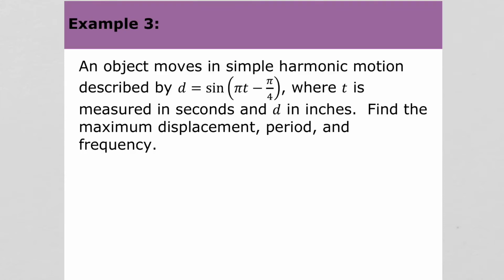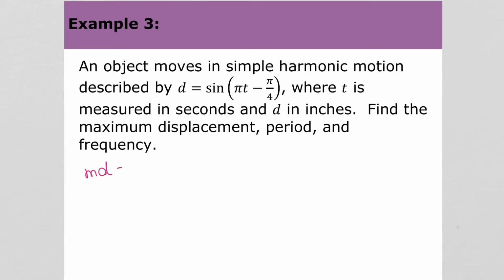Example 3, an object moves in simple harmonic motion described by d equals sine of pi t minus pi over 4, where t is measured in seconds and d is in inches, and we want to find the maximum displacement, period, and frequency again. So, same type deal.